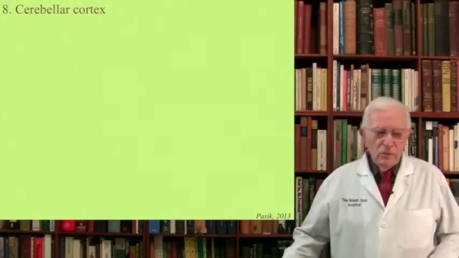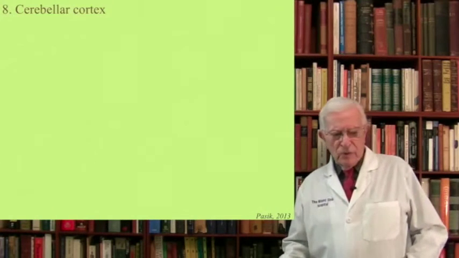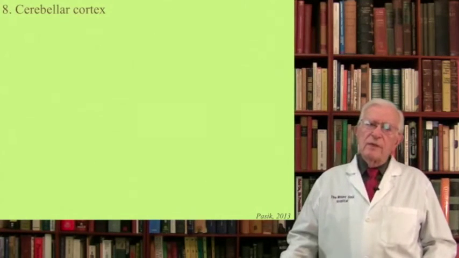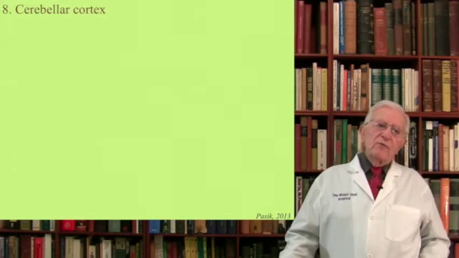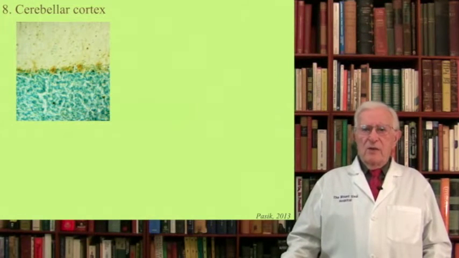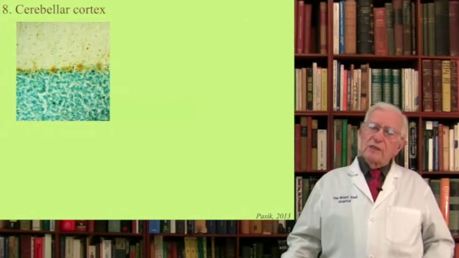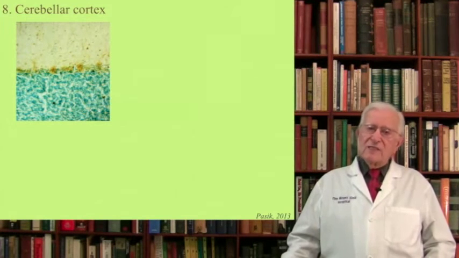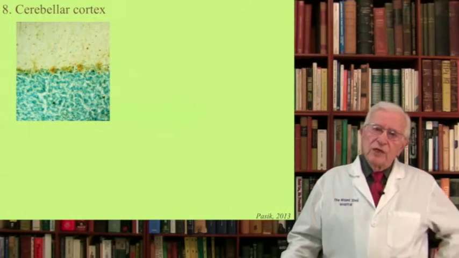So now we are going to discuss the actual mechanisms within the cerebellar cortex. For that, we have to know a little bit of its composition. This section has been treated with a GABA antibody, and therefore everything that is brownish or beige means that it has GABA and is of inhibitory nature.